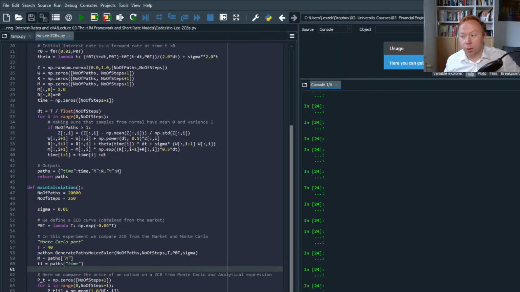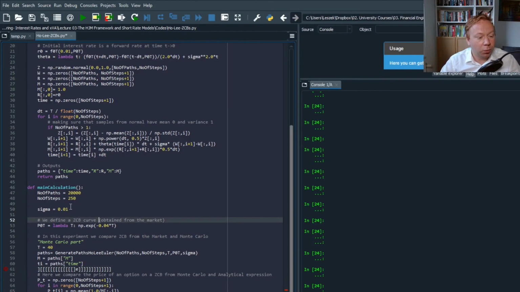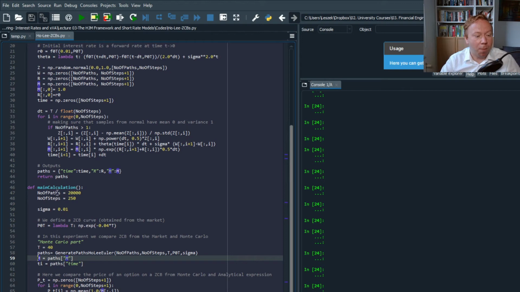Let's take a look at the Python code. We start with the specification of the number of Monte Carlo paths, which is 20,000. We have the number of steps, 250, and a volatility of 0.01. Here I have specified a yield curve. It's essentially a very simple curve: I just specified 4% for every maturity.